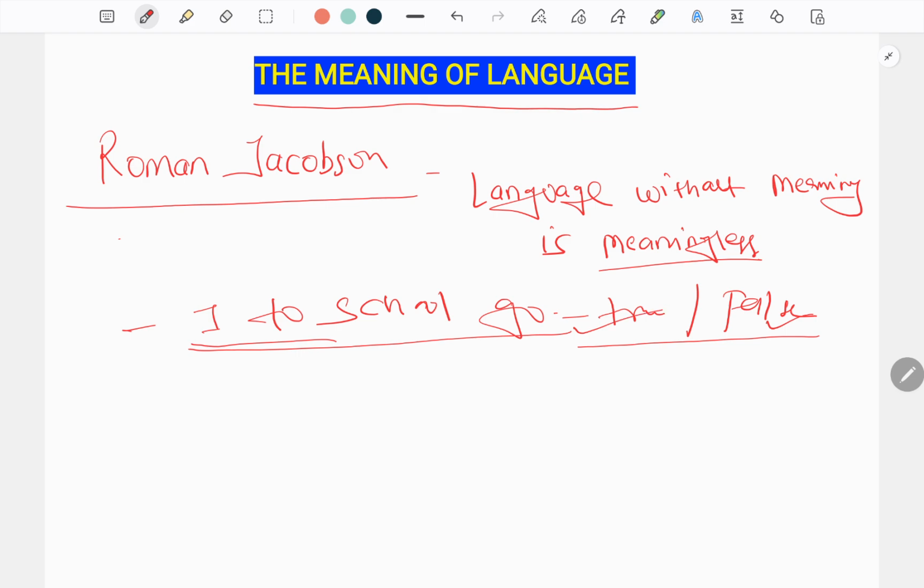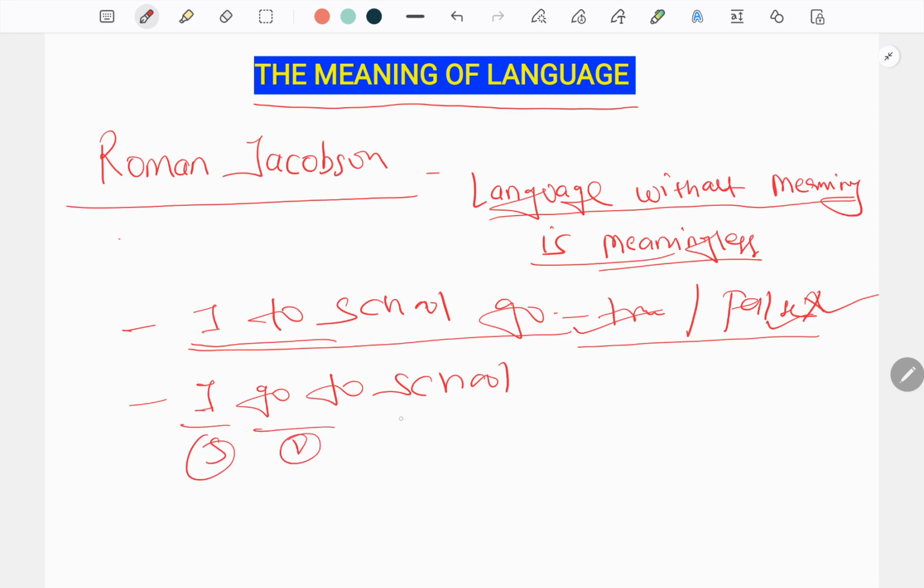So what is the statement given by Roman Jacobson for the meaning of language? Language without meaning is meaningless. So here "I to school go" is the false sentence. The exact one will be "I go to school." Here this one will be the subject, this will be the verb, and this will be the object.